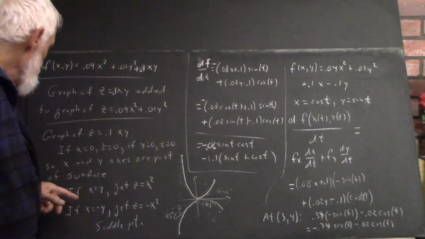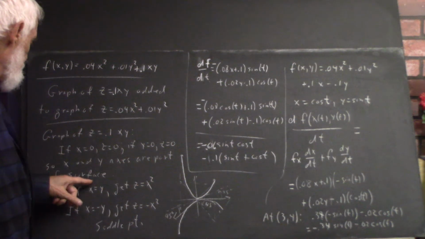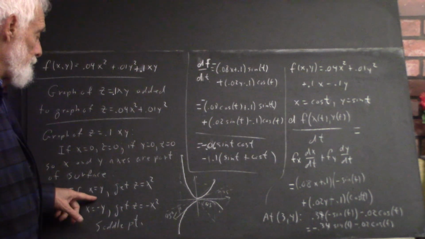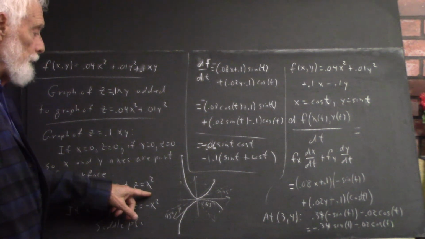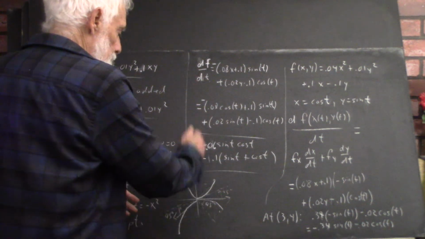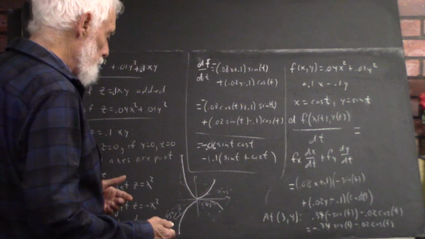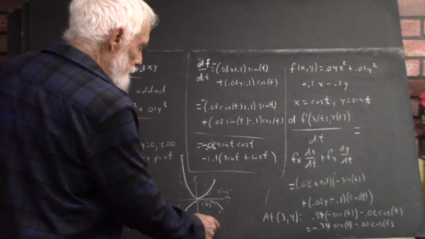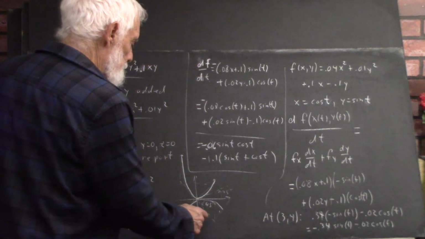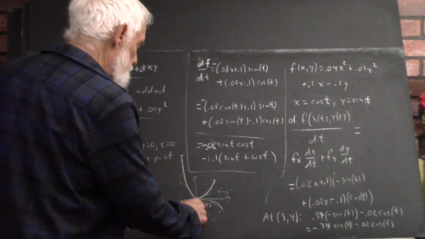Now I'm looking at the figures, something I thought about doing, but I'm not going to. Okay. If x equals y, we get z equal x squared. Well, here we have a three-dimensional coordinate system, and we have a line down in the xy plane at 45 degrees with respect to the x-axis.